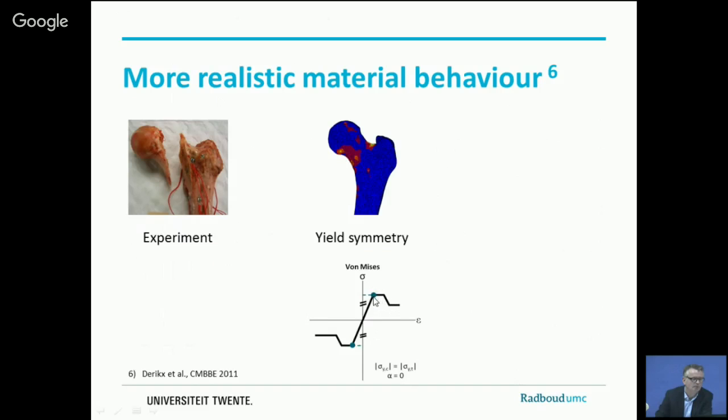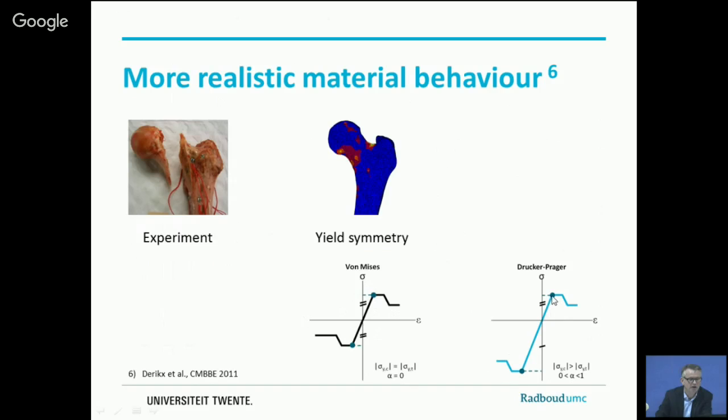Okay, so this is when you apply a tensile stress and it deforms in a tensile direction. In compression, it is exactly the same behavior, so it looks symmetric. In reality, we know that bone is weaker under tension than under compression. It can take up maybe twice the amount of compression before it starts to yield.